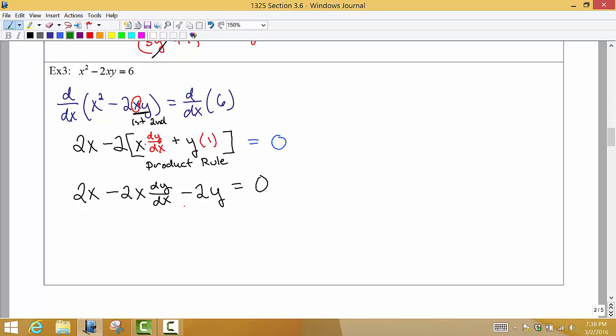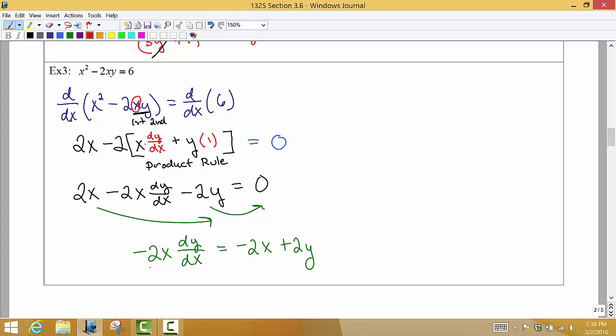Very important, the first thing you always want to do is the same process every single time. Bring over to the other side any term that does not have a factor of dy dx. Of course, when we bring it over, the signs change. So that becomes negative 2x, and then plus 2y.